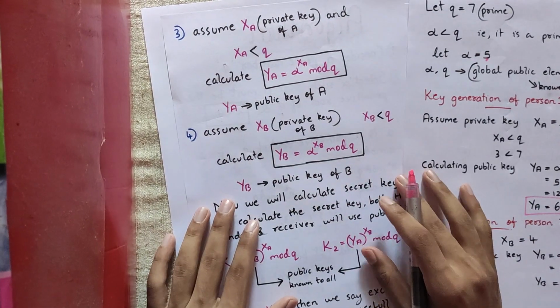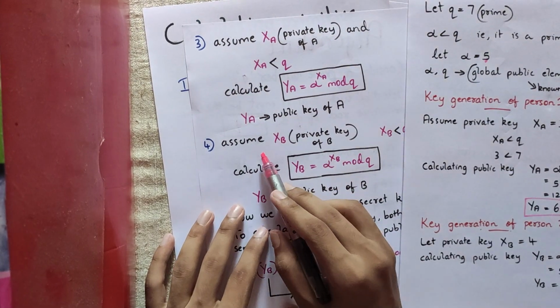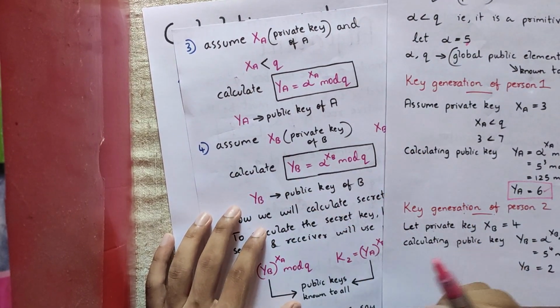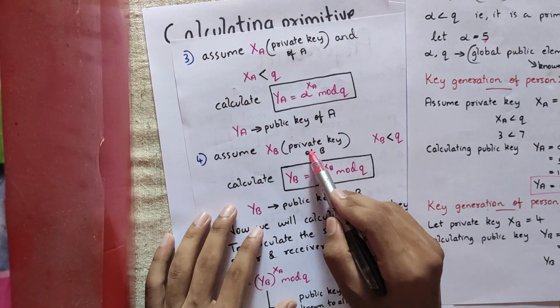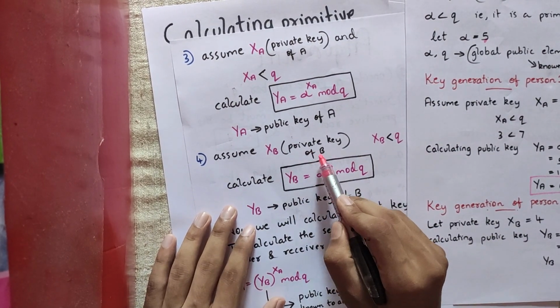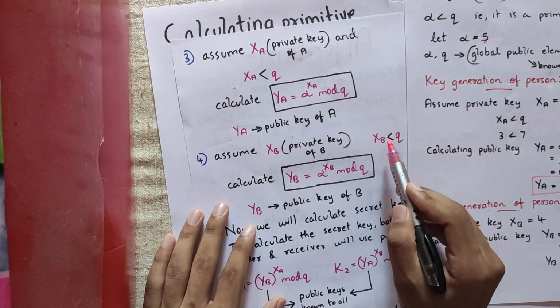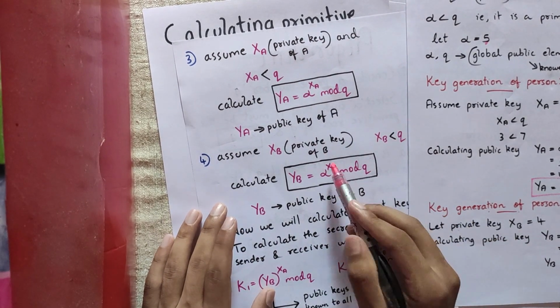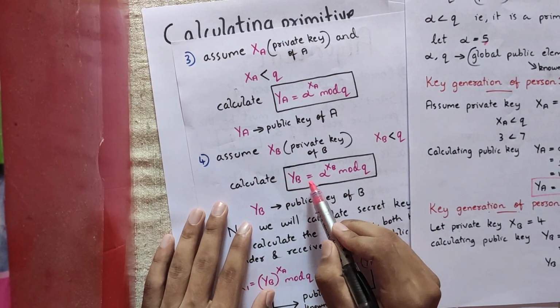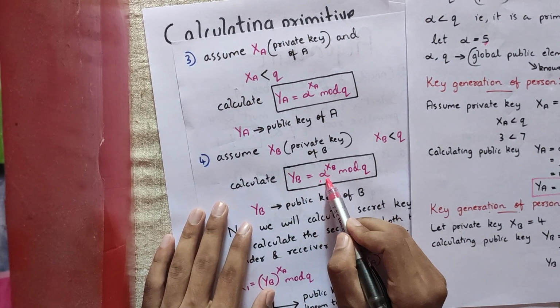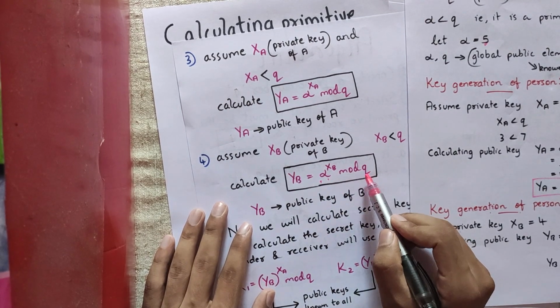The next step is the key generation of person 2. Assume xb, that is the private key of person b. It should also be less than q, and we calculate the public key of b, that is yb is equal to alpha raised to xb mod q.